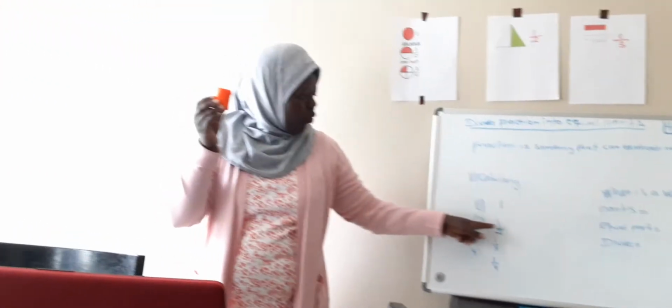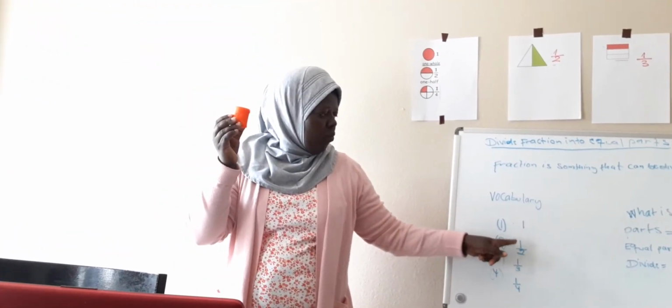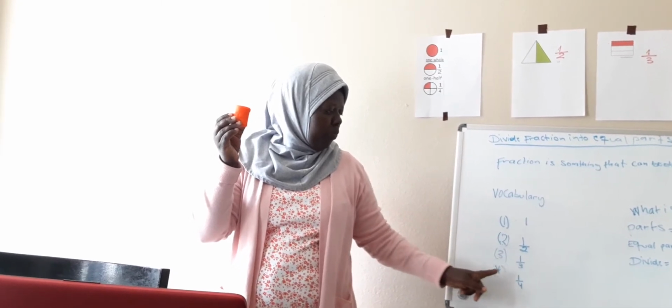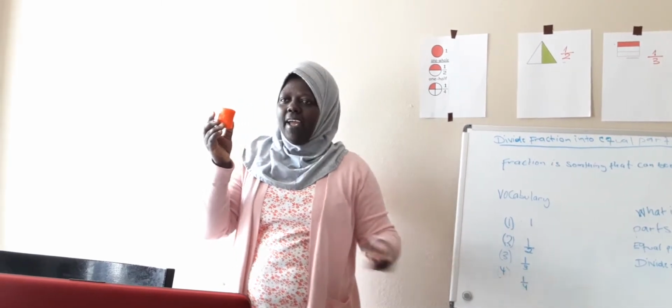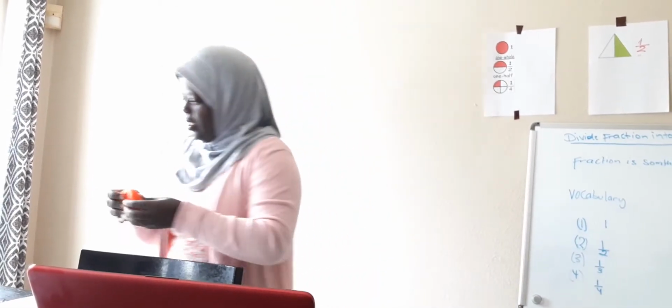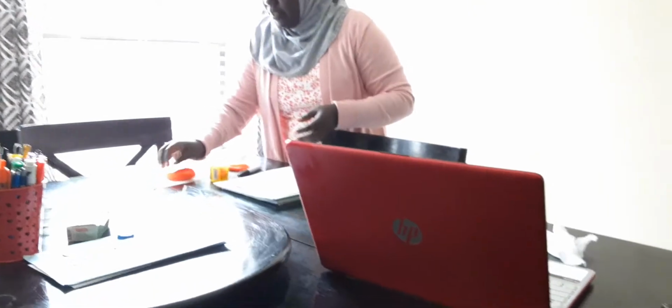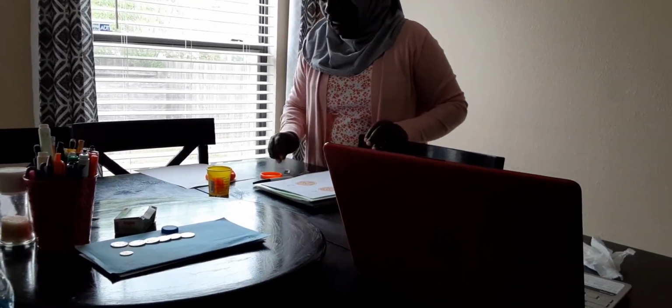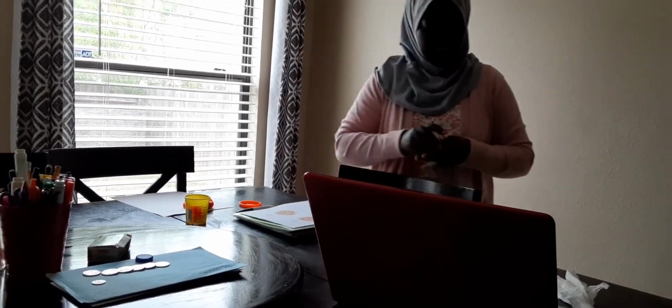Group 1 would do 1/2, group 2 would do 1/3, group 3 will do 1/4. Okay? So this is the activity. You go ahead and divide it. I'll double check and make sure that we all understand the process, okay?